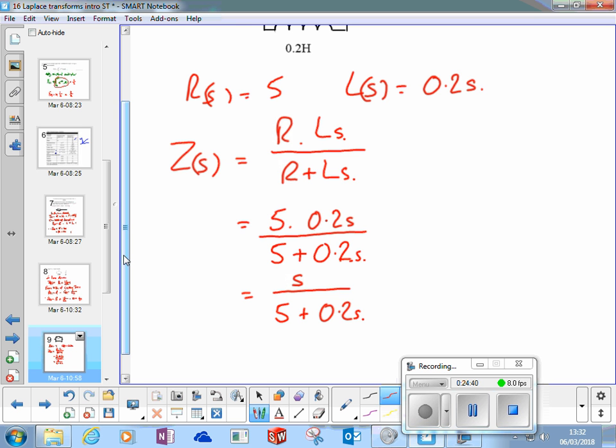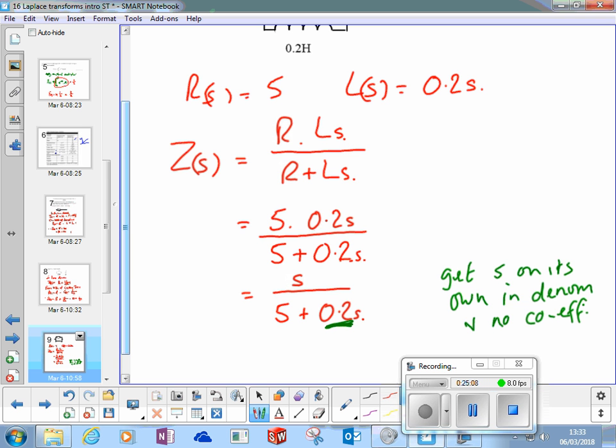There's one further thing that most often is worth doing with this circuit, and that is to have S in the denominator and no coefficient. What we're saying here is how can we make that just S?